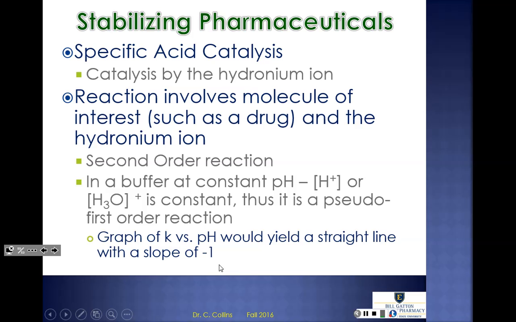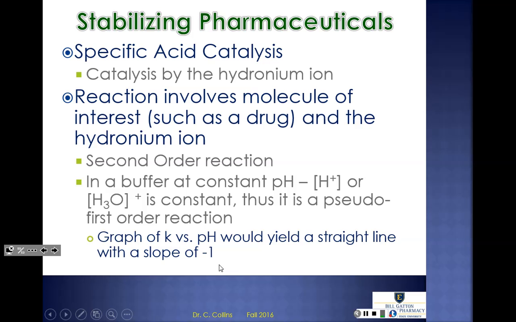It's kind of like an enzyme. Enzymes are mainly catalysts. So a specific acid catalysis is catalysis by the hydronium ion. So anything that's acidic that has this type of reaction, using some other acidic solution doesn't help that.